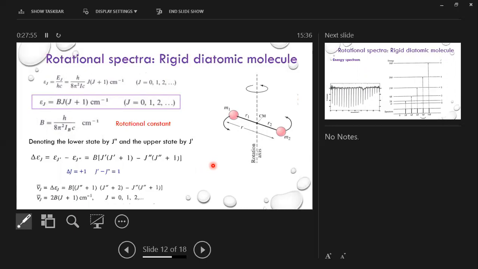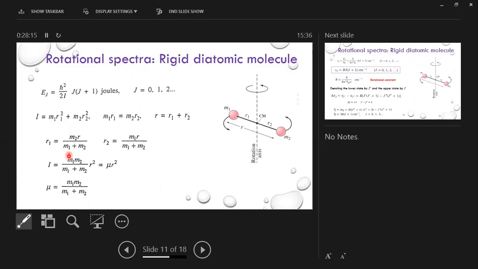Now, if the HCl molecule has hydrogen 1H1 and chlorine 17Cl37, the other isotope, what will change? In the energy expression we have 2B, and this B is connected to the moment of inertia, and the moment of inertia is connected to the mass of the system.